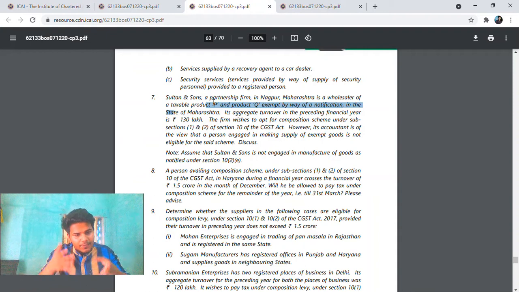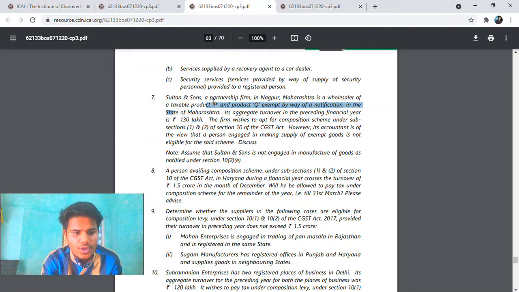Then we are eligible during the current financial year also for the composite scheme, and one condition is also applicable for the current financial year: our turnover should not exceed 150 lakh rupees during the financial year also. Because if at any point of time our aggregate turnover during the financial year exceeds 150 lakh rupees, at that point we have to withdraw from the composite scheme and take the regular scheme.